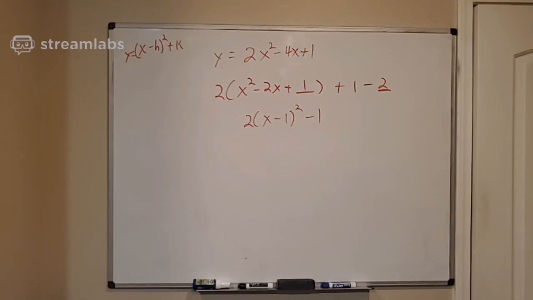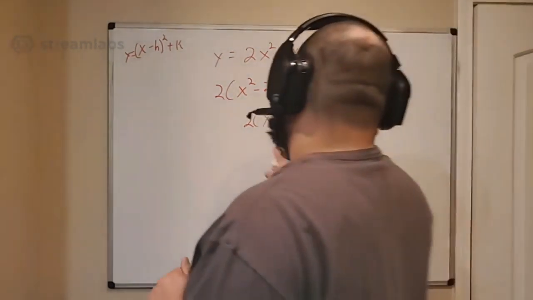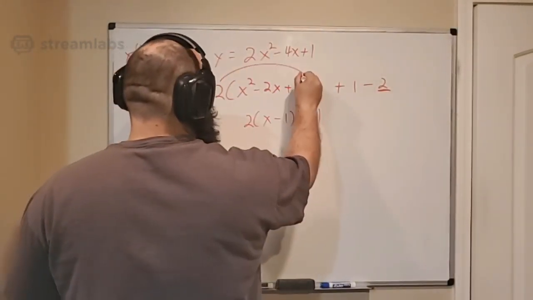On part A for 12, why do you add one and subtract two? Because I didn't add one. I've actually added two. Because this 2 sitting out front, I would distribute to that 1. So it's really 2 times 1.